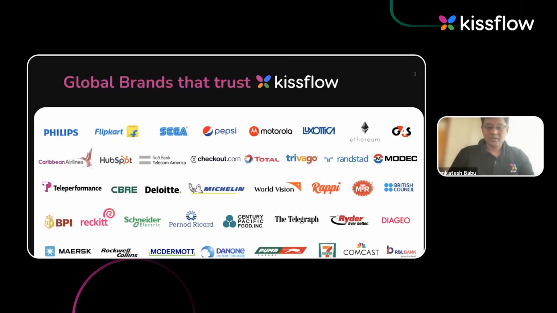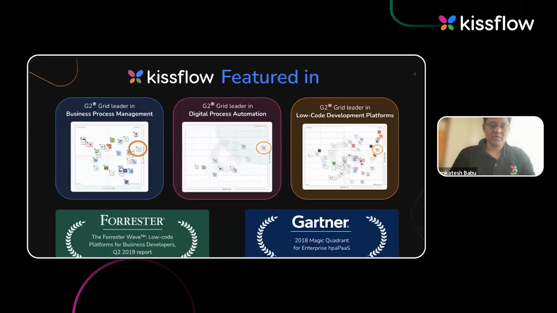Some of our customers are shown here, though there are a lot, and I just picked a few for your reference. Please refer to the website for more customer success stories. We have been recognized as leaders by G2 in all three spaces: BPM, DPA, as well as low-code. On Gartner, the user experience review of our platform is 4.5 out of 5.